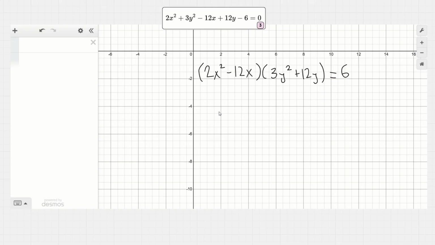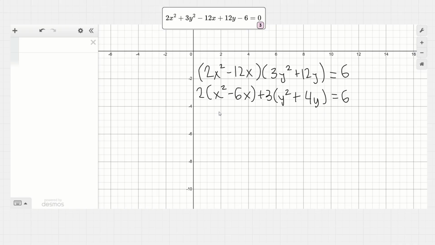Let's factor. 2 times x squared, 12 divided by 2 will be 6. And let's factor the y term. So we have 3 times parenthesis y squared plus, 12 divided by 3 is 4. Now, we can go ahead and make this a perfect square.